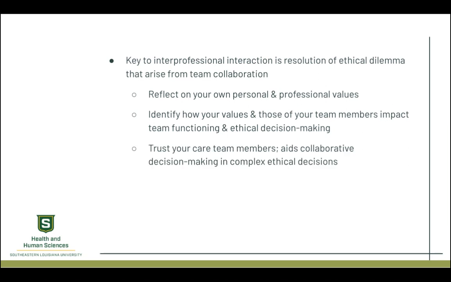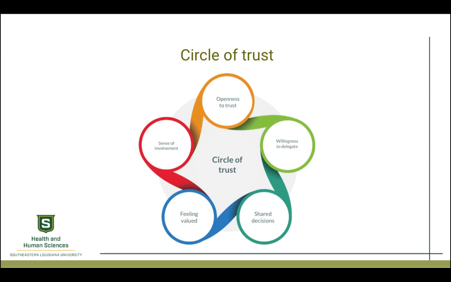But you also need to trust your team members, because this way it's going to aid collaborative decision making. So to be able to make ethical decisions, particularly in an ethical dilemma, you need a circle of trust. So for the circle of trust, there are a couple of things to consider to make it possible.